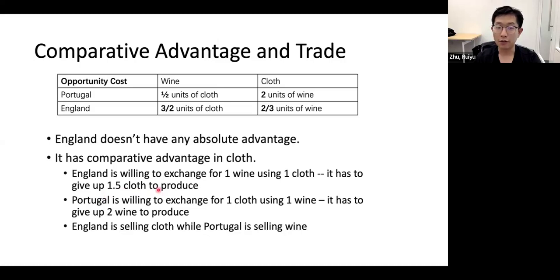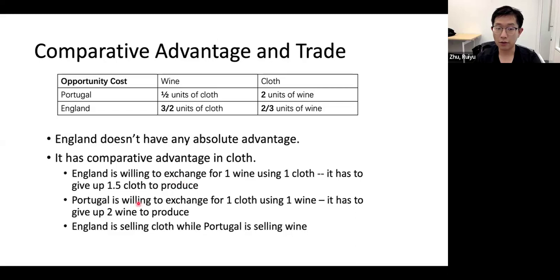But if they are going to trade, they only need to give up 1 unit of cloths. So they get better off in trading than just producing by itself. So in that case, England is willing to do the trade.